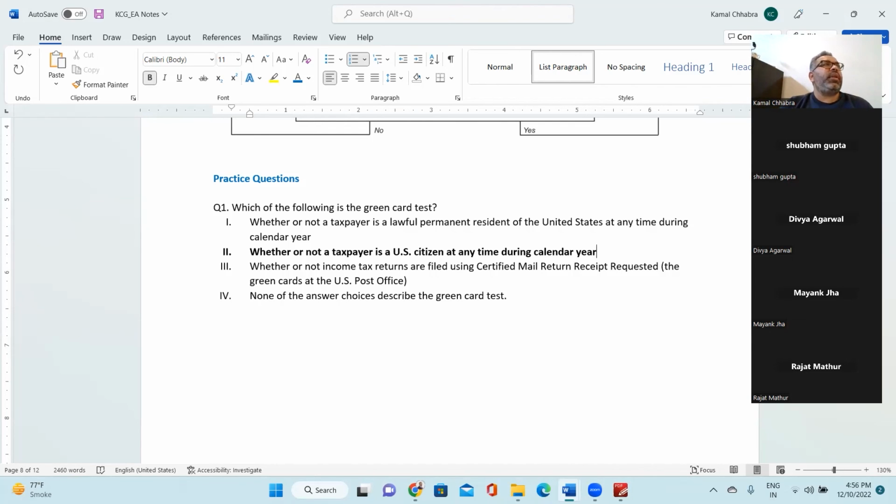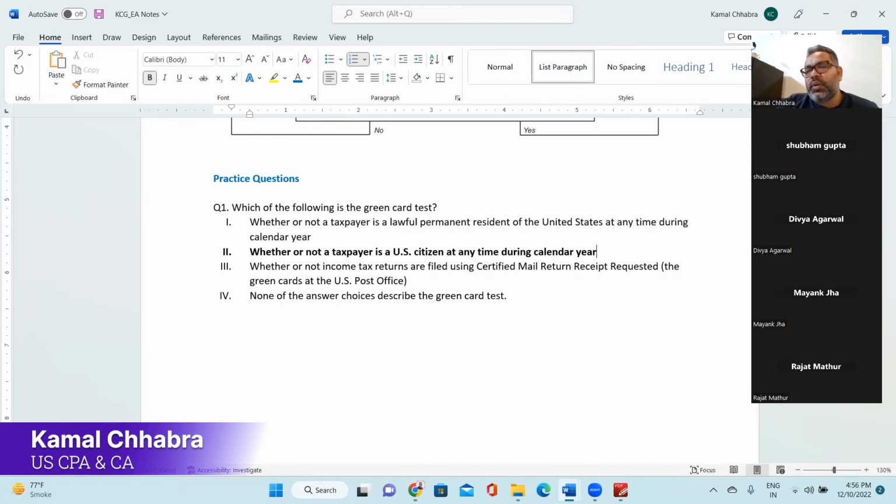No, this kind of tricky question you will encounter in the exam. The trick is that they want to understand from you which of the following tests an individual should pass to be considered for filing status as a resident.